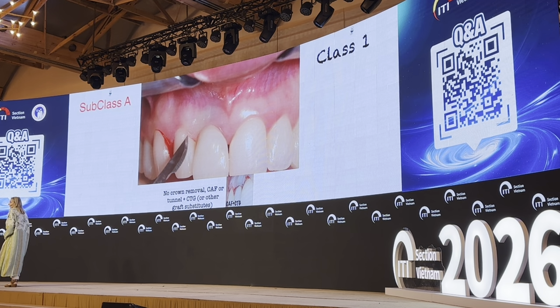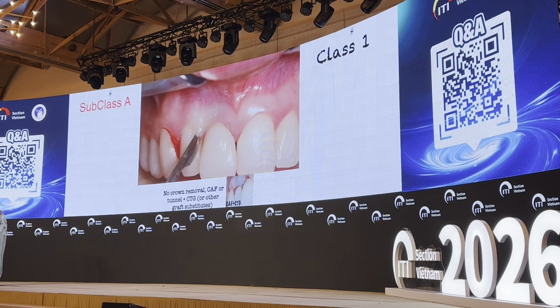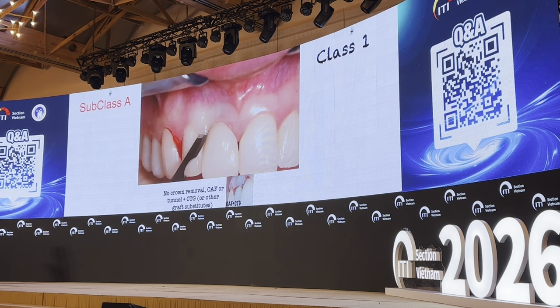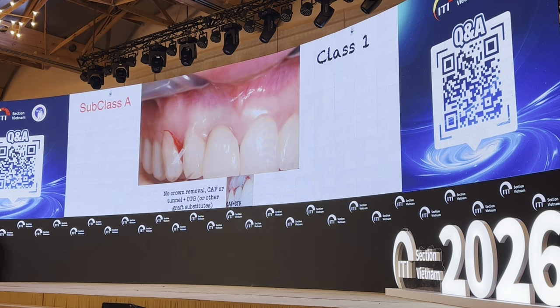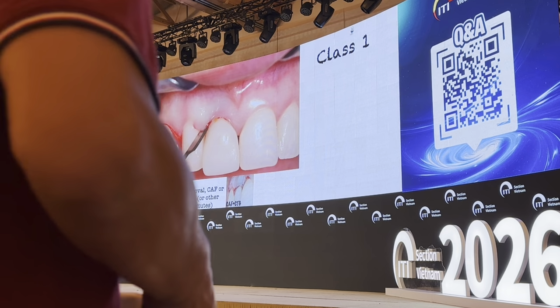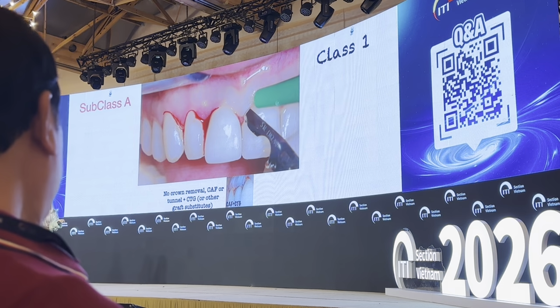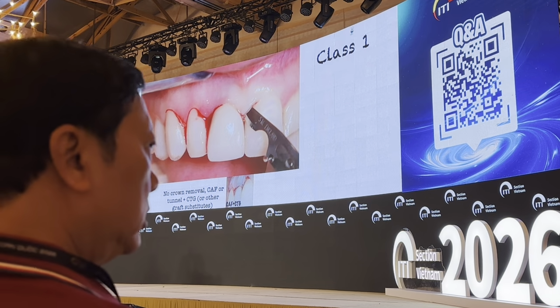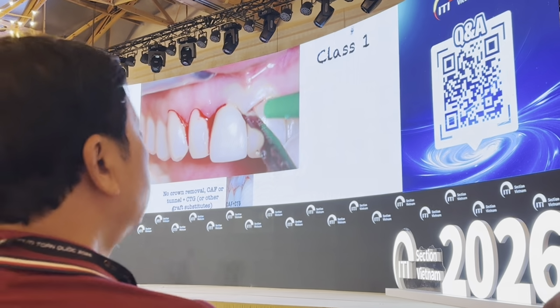So basically, in this type of procedure, I need to raise the flap because I want to position a connective tissue graft below that is going to increase the soft tissue thickness in this area, in the buccal aspect, and also in the interproximal aspect, to increase the volume of the interproximal soft tissue, especially at the distal papilla.